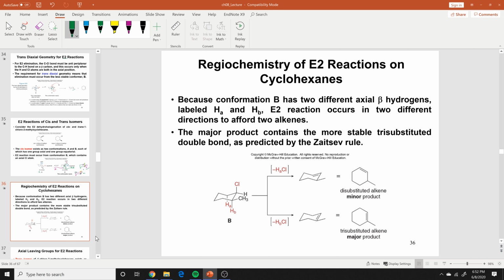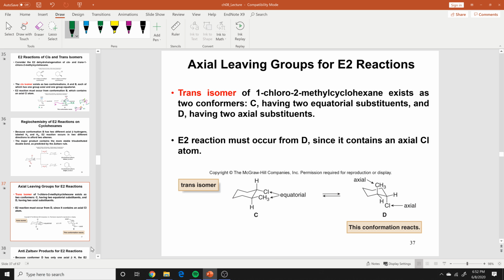You can simply keep them as a chair conformation or change them into a cyclohexane planar structure. With respect to the trans isomer, draw the 1-chloro-2-methyl cyclohexane and flip it to get the axial conformer.